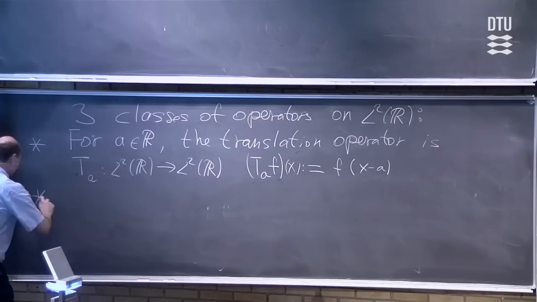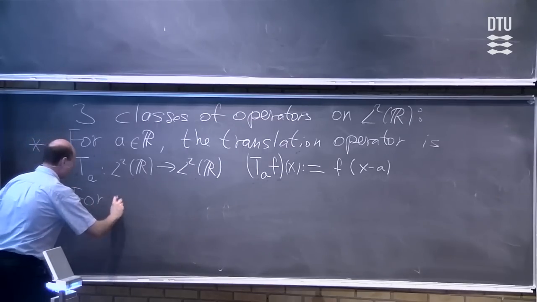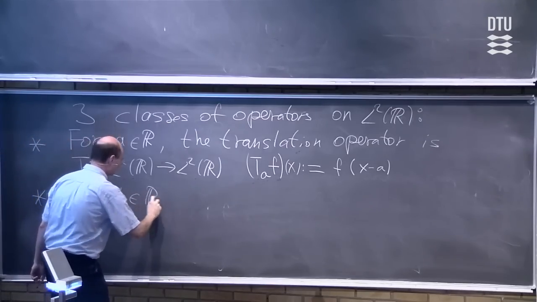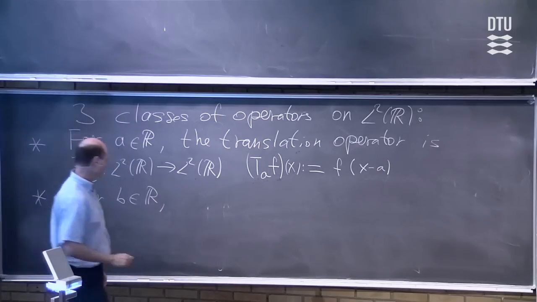The second operator is again defined for a certain parameter, now we call it b. So we define the so-called modulation operator.